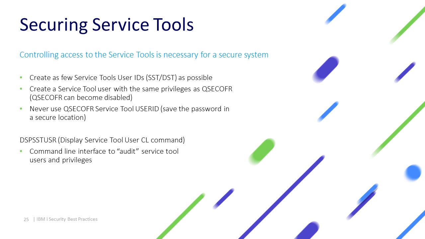There is a CL command, Display SST User, that's relatively new, within the last three or four releases, that you can use to look at all the user IDs registered in SST, because it's a different user registry, and also see all of the privileges those users have. So I want you to take a look at those.